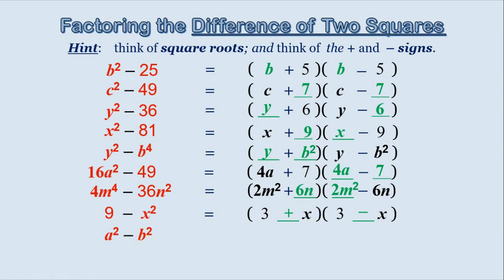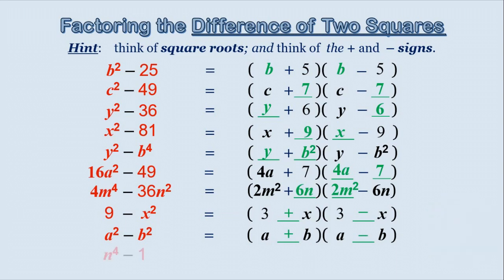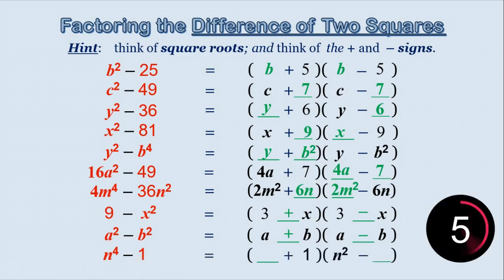Let's get the timer rolling. Lastly, think of the square root of n to the fourth, then the square root of 1. The timer begins.